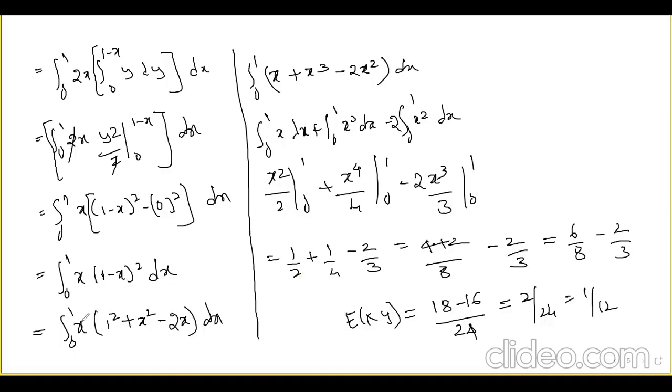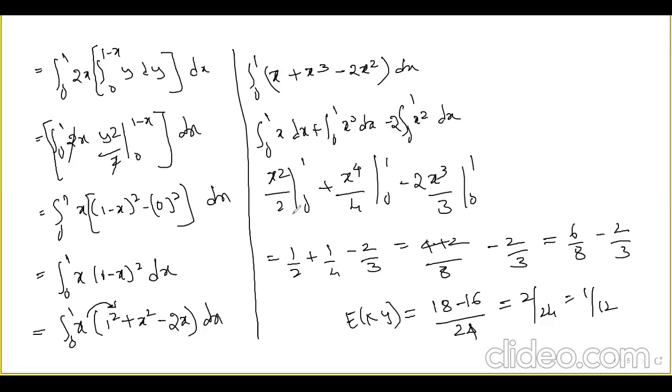So we'll multiply this x inside. So x into 1 square, x into x square, that is x cube, minus 2 times x square dx. Then we will take integration of these individually, that is integration 0 to 1 x dx plus integration 0 to 1 x cube dx minus 2 integration 0 to 1 x square dx.